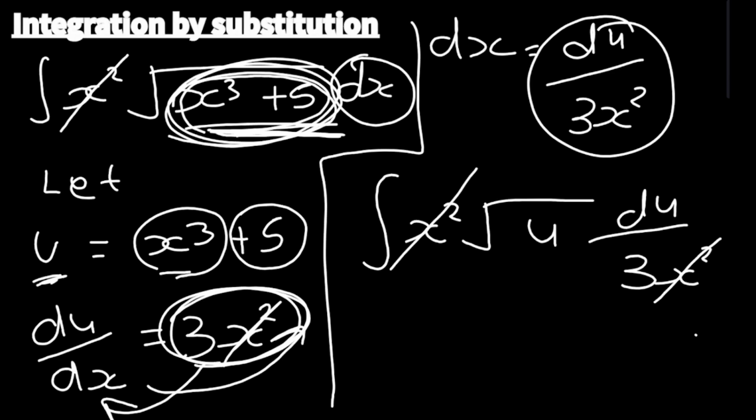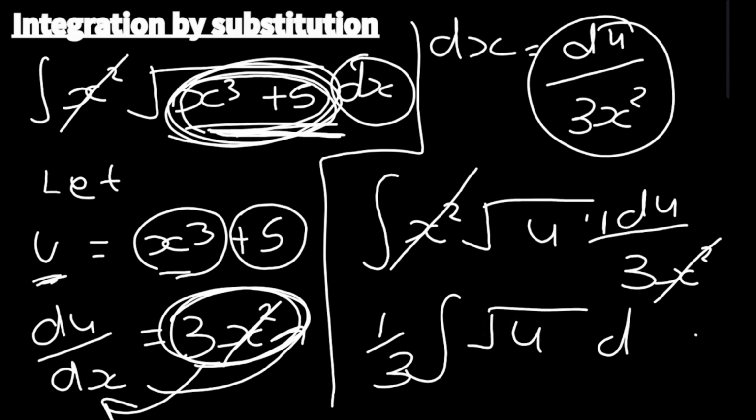Anyway, so there is a 1 here, du over 3. Over 3 is the same as a third. We take a third outside the integral. Anytime you are finding the integral of a function, the constants can move outside the integral, and we remain with root u du.